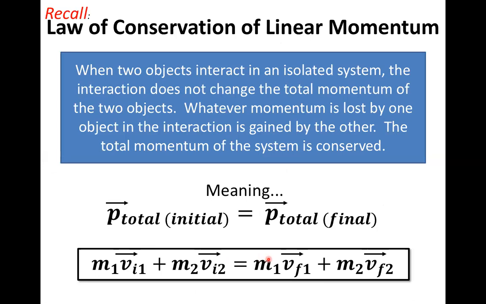We've also, in our very last video, talked about the conservation of linear momentum, which states that whatever momentum is lost by one object is gained by the other. In other words, the total momentum of the system is conserved. Conserved means constant or not changing.